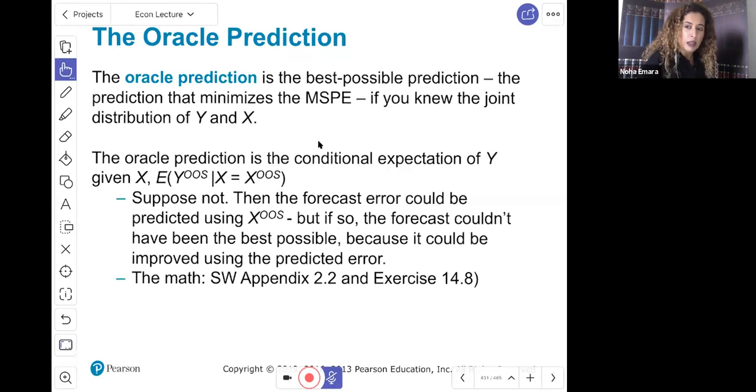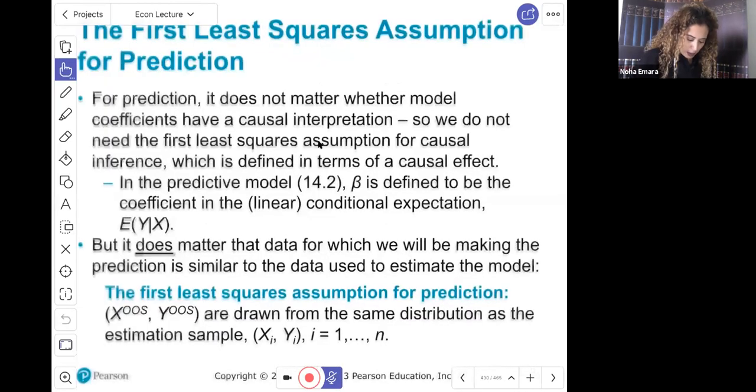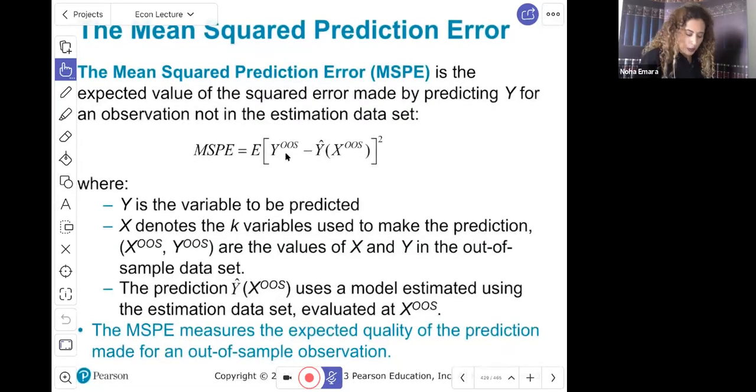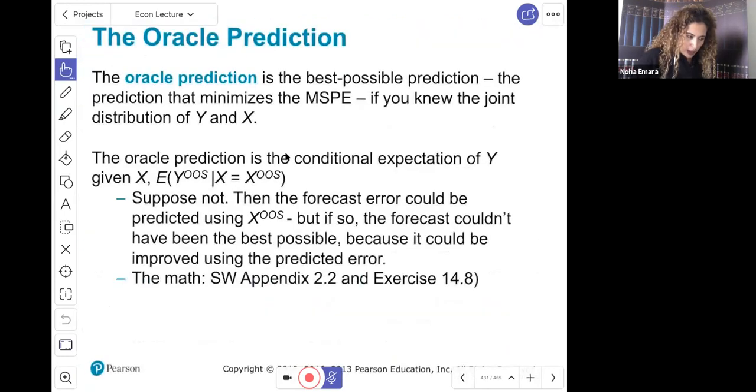Because if it minimizes the error term, I can guarantee that this gap, which is between the actual y and the estimated y, is at its minimum. So what you said is correct. I want an estimated y that is as close as possible to the actual y, or in other words, minimizes the error term.